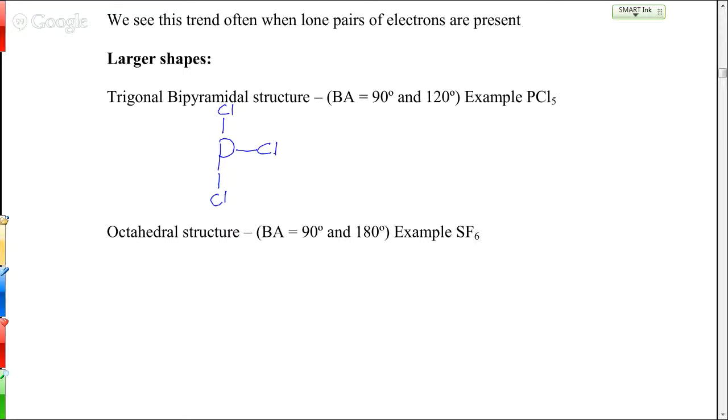And 3 of them are in the same plane like this. And then there's going to be one coming out at you and one going back. So it's like a trigonal planar structure in the middle, and then kind of a linear structure superimposed on it.